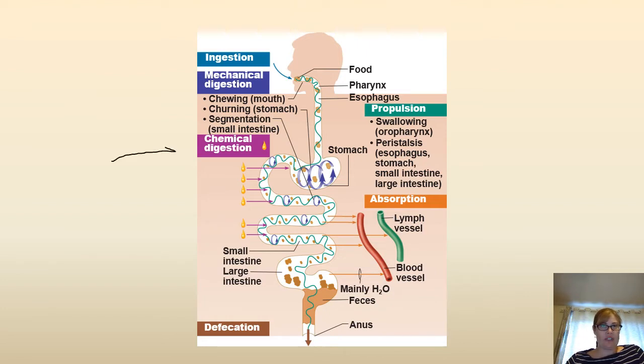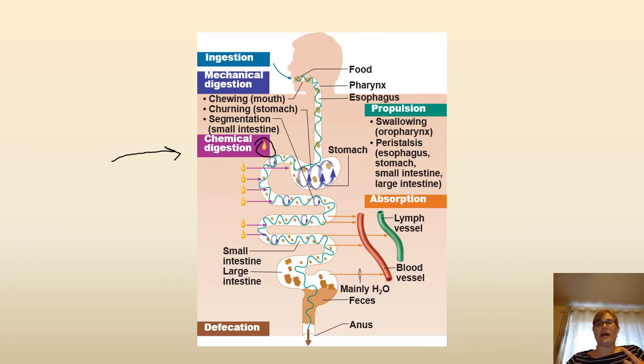So chemical digestion is anytime you see this little raindrop looking thing, they're showing you that this is where digestion comes in with chemicals. Anyway, we have the food going in. We have mechanical digestion where we're chewing it, churning it. We have the food entering through, and we have propulsion happening. So that means that we're moving it along.